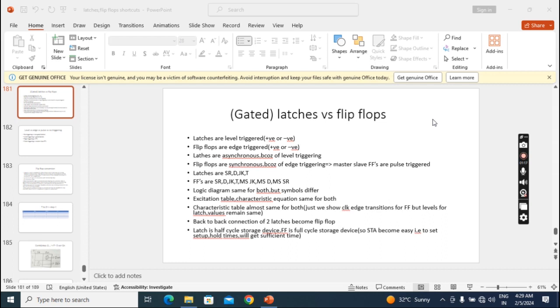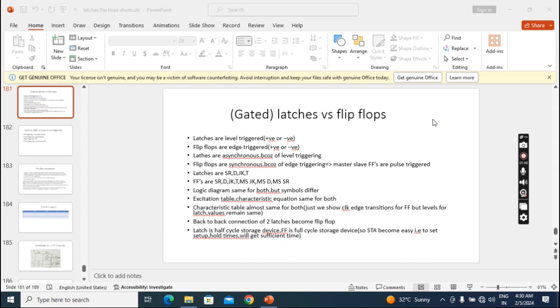The excitation table and characteristic equation are the same for both. And the characteristic table is almost the same. Just in the clock part, we represent clock transitions for flip-flops, but we represent levels for latches. Remaining everything is the same. Even for levels or edges, the values are the same.